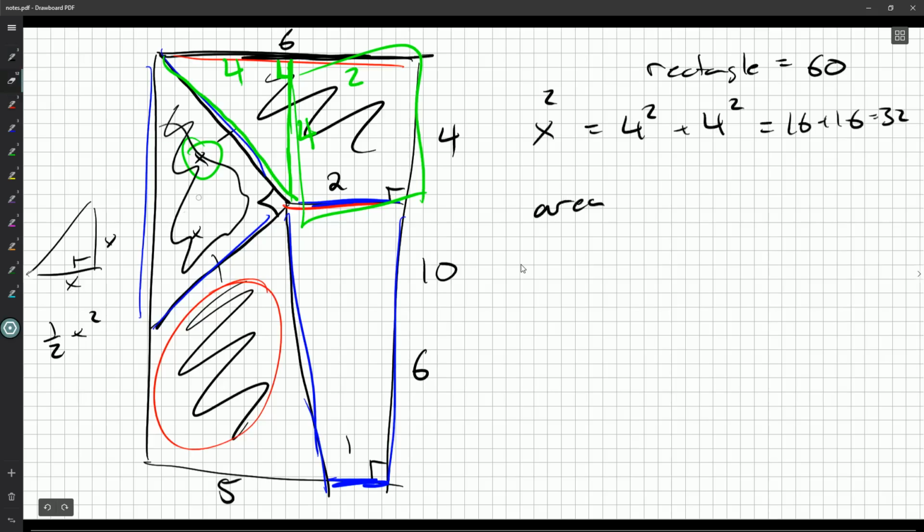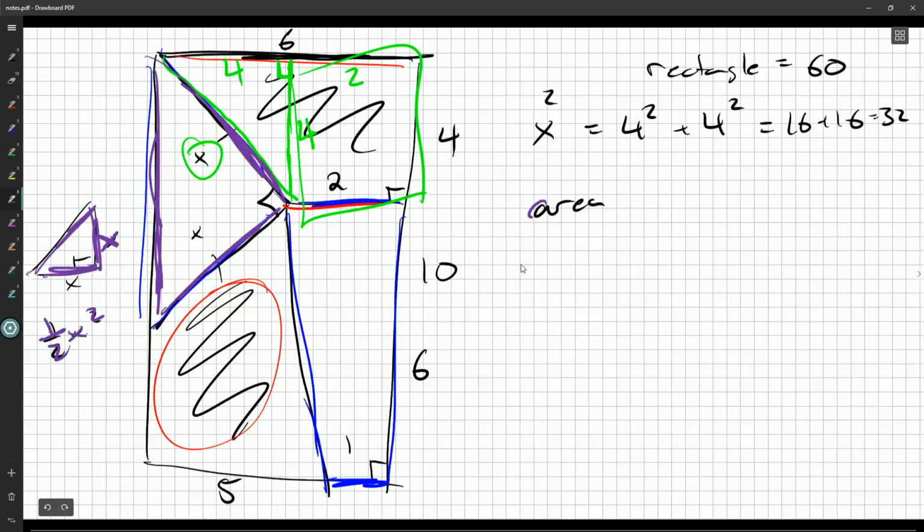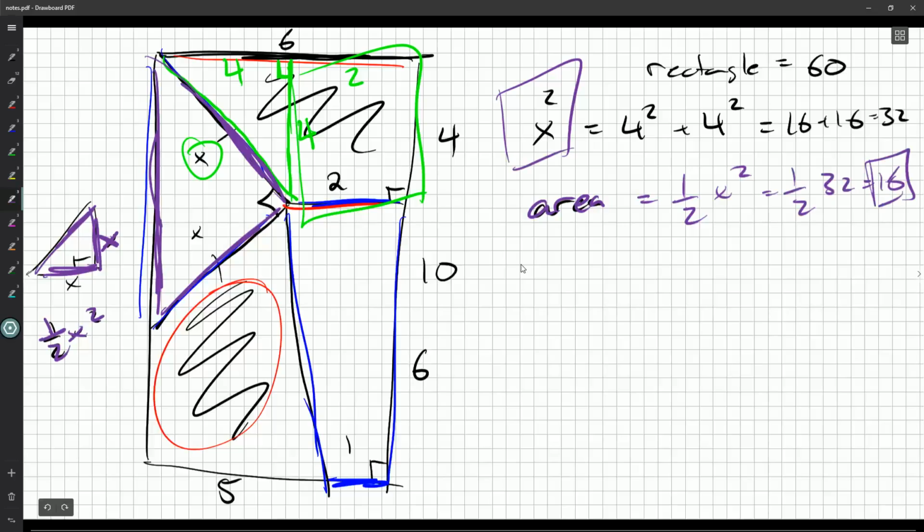Actually, let's color code things, just because my things are getting quite messy. So this purple triangle, the right isosceles triangle, whose side length is x, I've already commented its area is 1/2 x squared. And I just figured out what x squared is. It's 32. So we get 1/2 of 32, or 16.